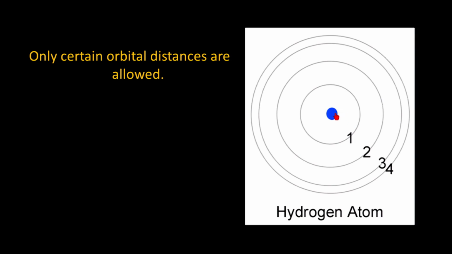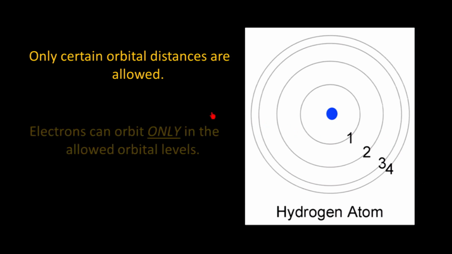Even though you'll notice there's no electrons in this picture, these are the distances that are determined ahead of time for where the electron is allowed to be. So only certain distances are allowed by each atom. Strangely enough, that means that you can't have distances in between that are allowed. Distance 1 is allowed, distance 2 is allowed, 3 is allowed, and 4 is allowed. But the electron, of course, has to be only where it's allowed to be.